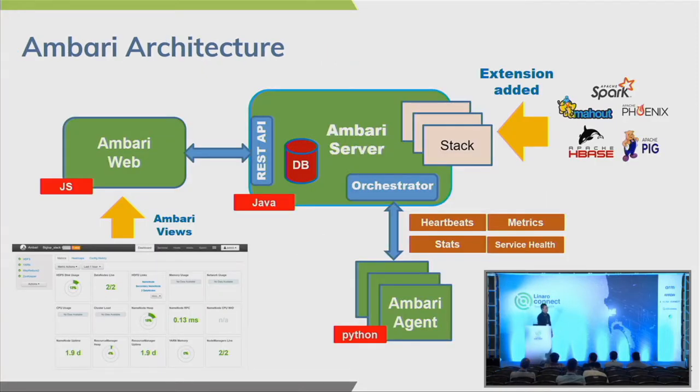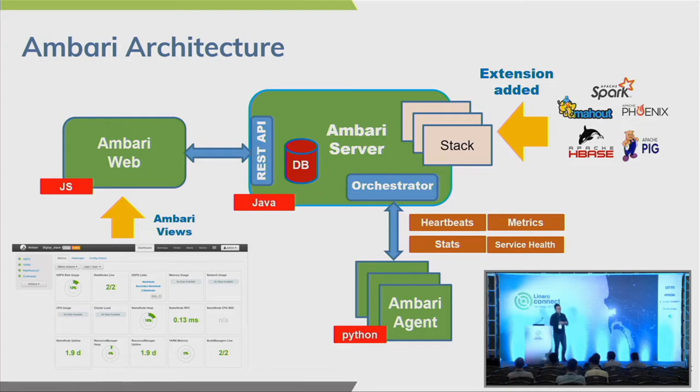This is the Ambari architecture. Ambari supports all the major Hadoop-related components like HDFS, MapReduce, ZooKeeper, and Spark. Ambari can manage large and complex distributed systems simply by accessing the Ambari Web UI.